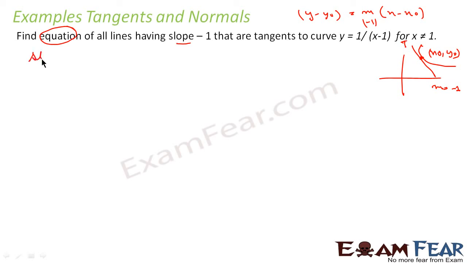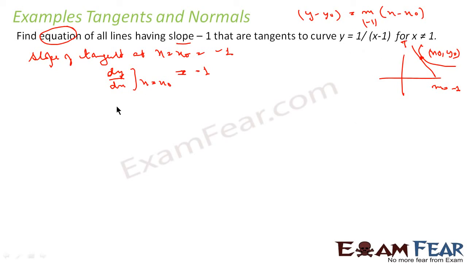So we know that the slope of tangent at x is equal to x naught is equal to -1, and the slope of tangent at x is equal to x naught is nothing but dy by dx at x is equal to x naught, and that is nothing but -1. So let's find the value of dy by dx at x is equal to x naught. So y is equal to 1 by x minus 1.